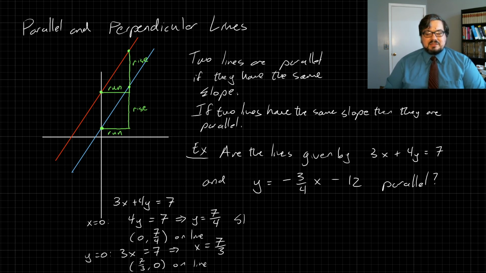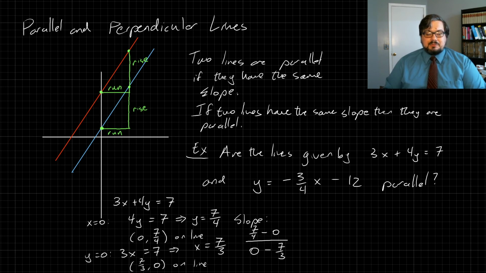So that means that the slope of this line is the difference in the y values divided by the difference in the x values. Now, make sure, as always, that you are subtracting things in the right order. So we take 7/4 minus 0, but then the x value that corresponds to 7/4 needs to come first in the denominator. 7/4 was a point, and the x value that went along with that had 0 as its x value.